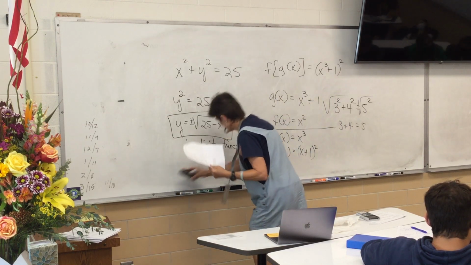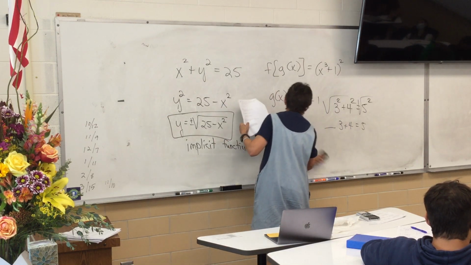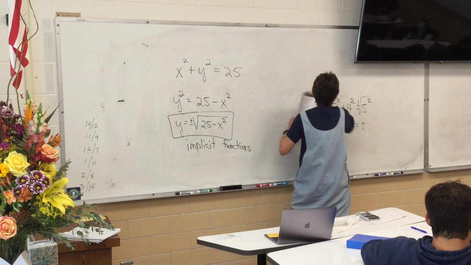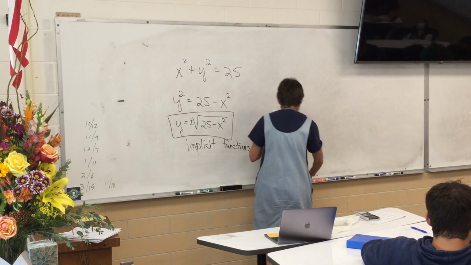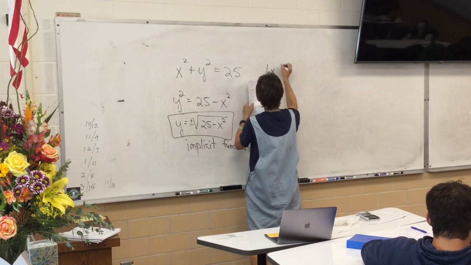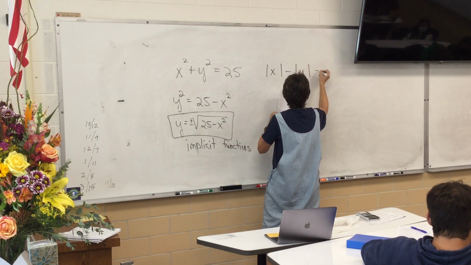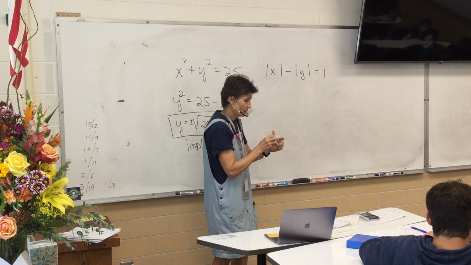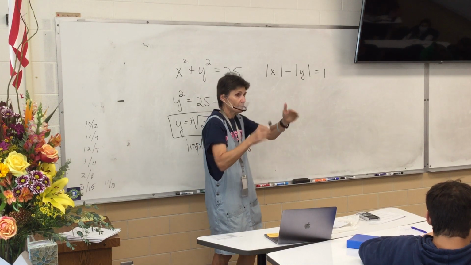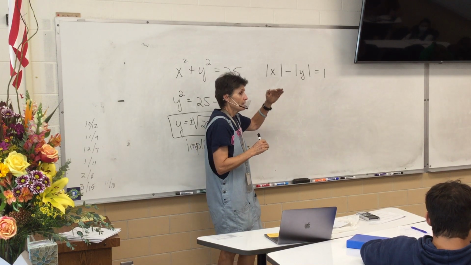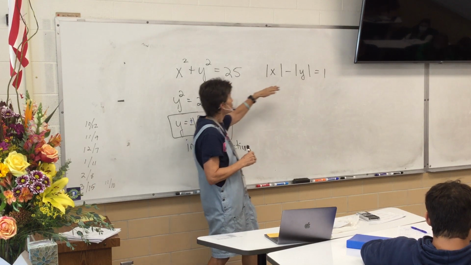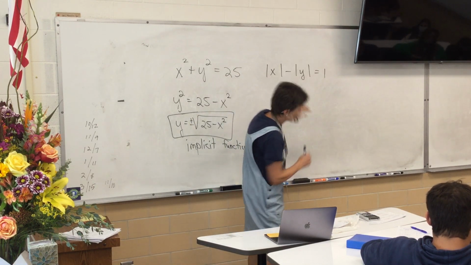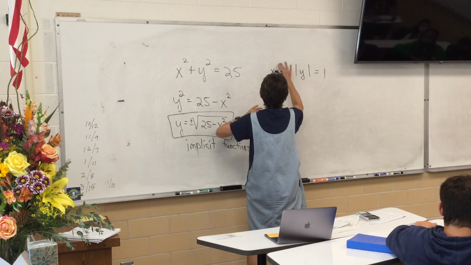This one will challenge you a bit, maybe. What do we have to do to find implicit functions? First of all, y by itself. Let me back up a second. You knew this was a circle. You may not know what this looks like.